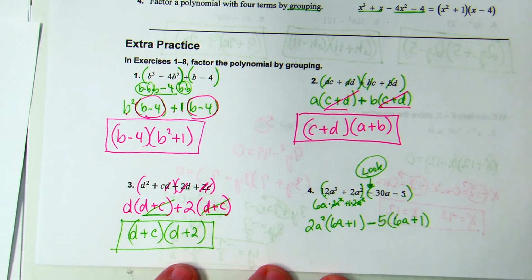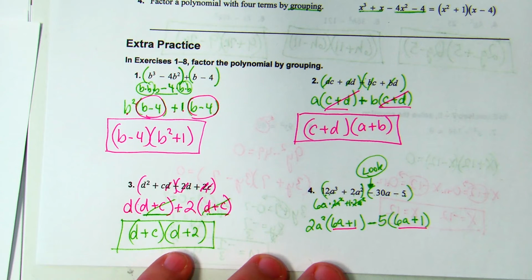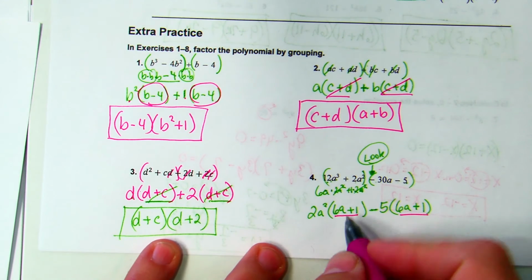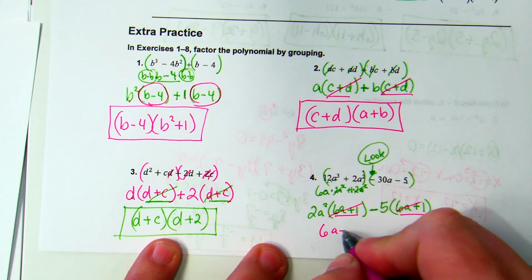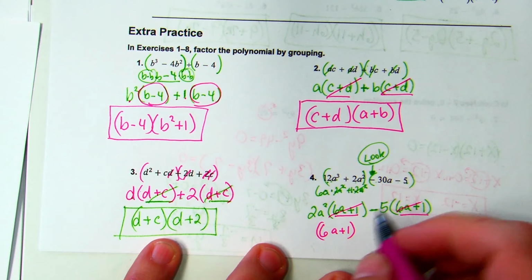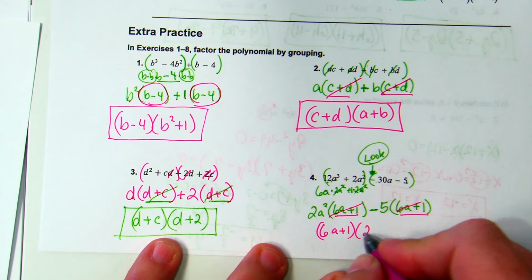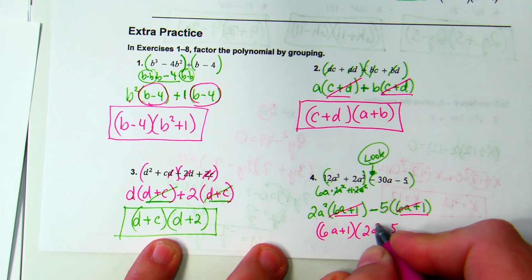And you'll notice I've got two common factors in both terms here. I can pull the 6a plus 1 out of both of them. And what I have left from both terms is 2a squared minus 5.